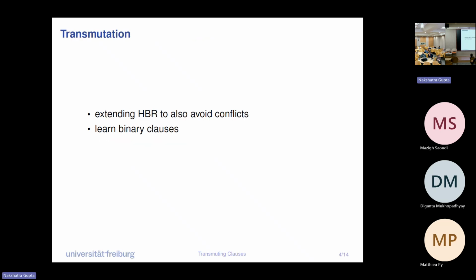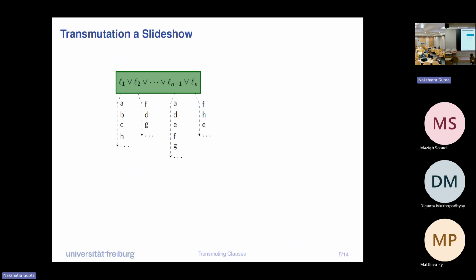Now let's go to transmutation. I said it was related. It's an extension of hyperbinary resolution. We also take a long clause and a bunch of binary clauses, and we combine and resolve them to get a new binary clause. I will explain this in detail with a slideshow.